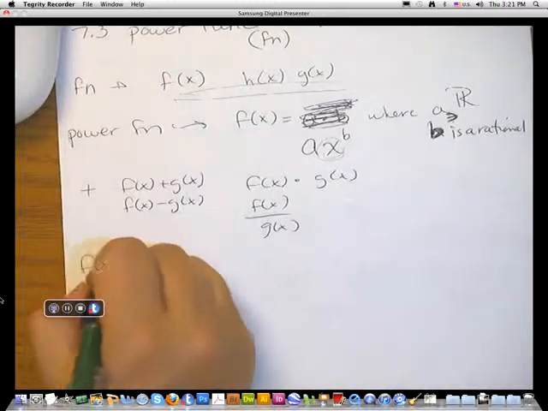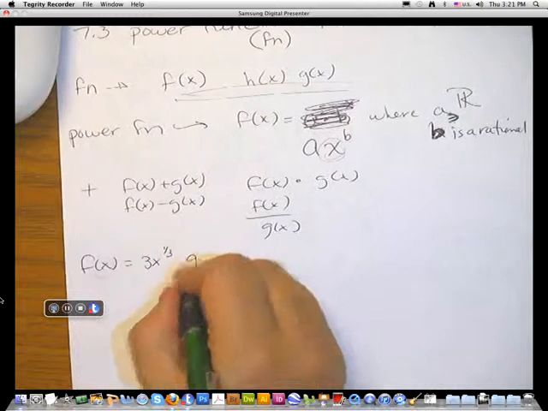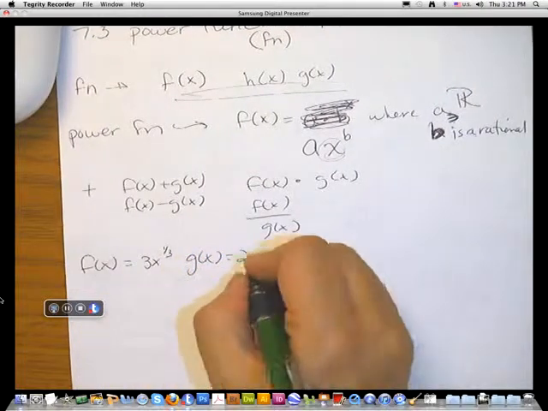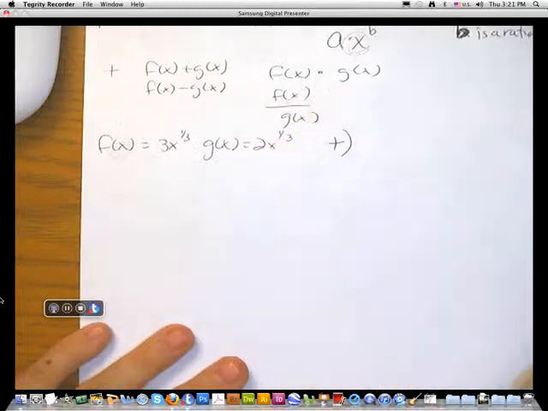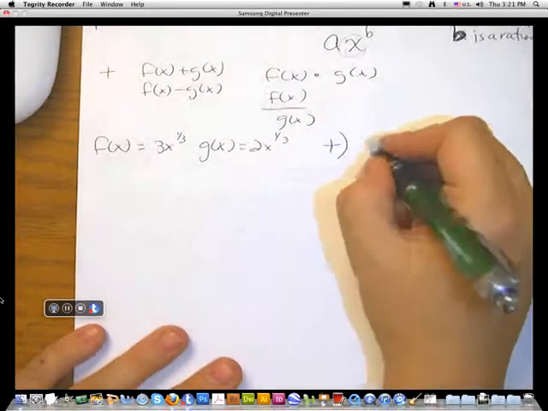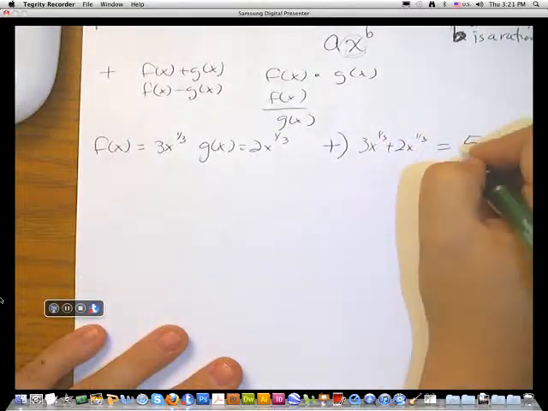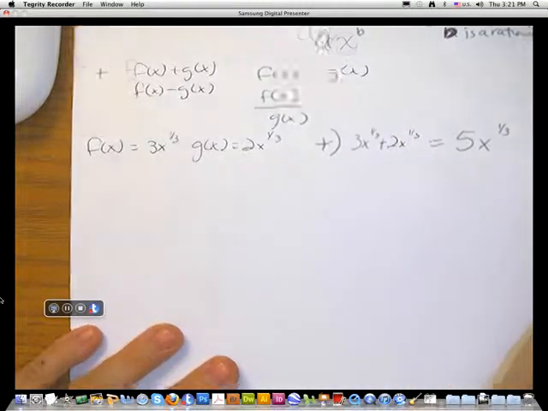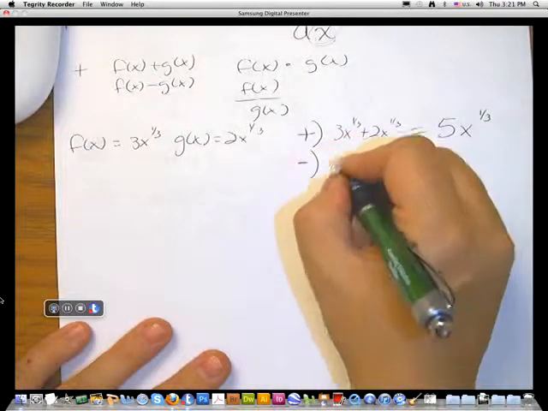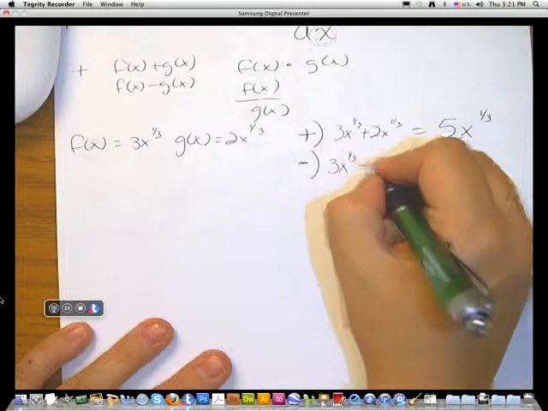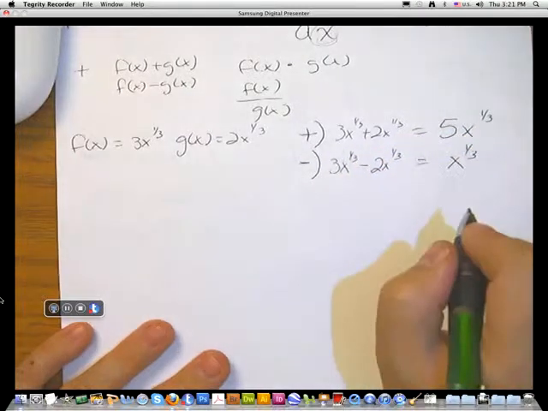So let's say I have f of x is 3x to the 1/3 and g of x is 2x to the 1/3. If I said add them, you would say 3x to the 1/3 plus 2x to the 1/3 is 5x to the 1/3. If I said subtract them, you would say 3x to the 1/3 minus 2x to the 1/3 is x to the 1/3.